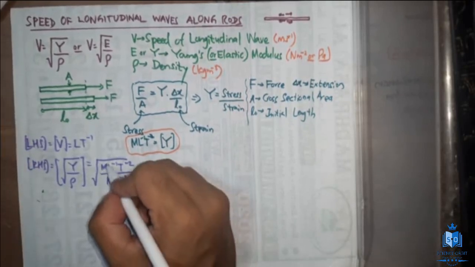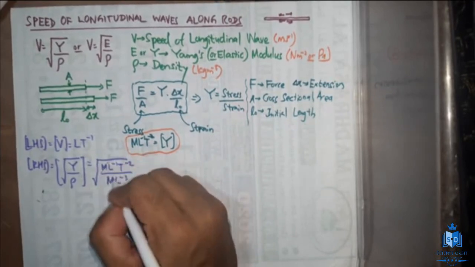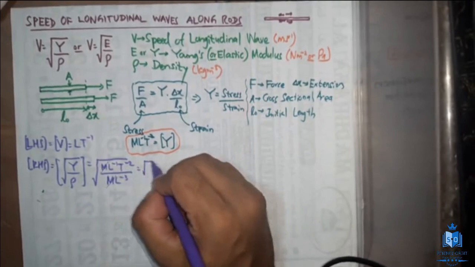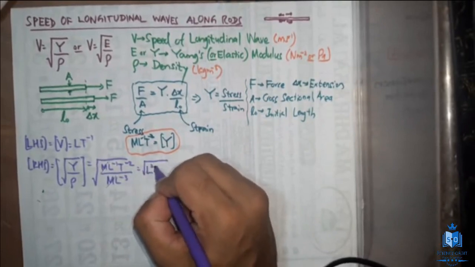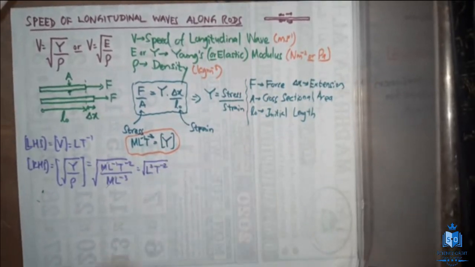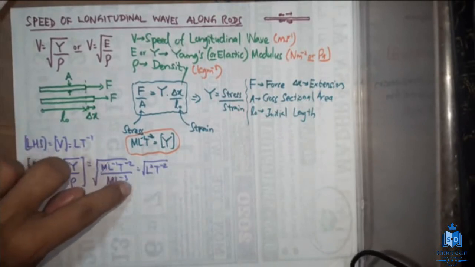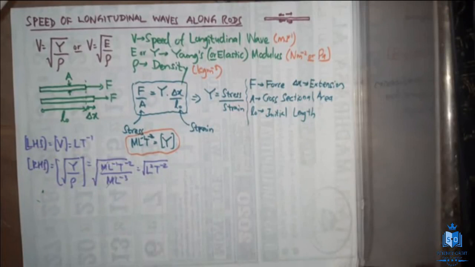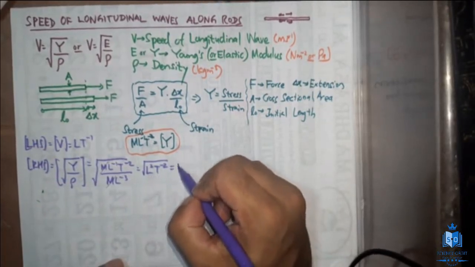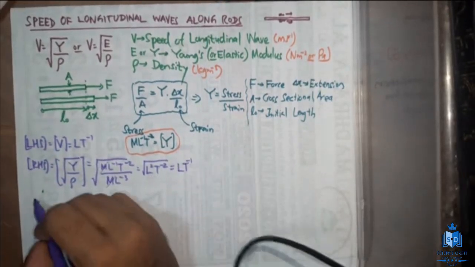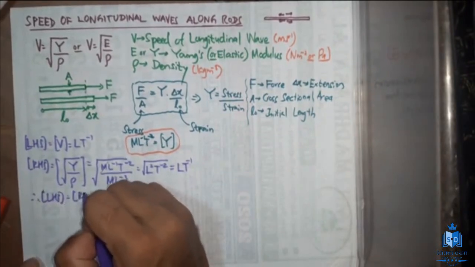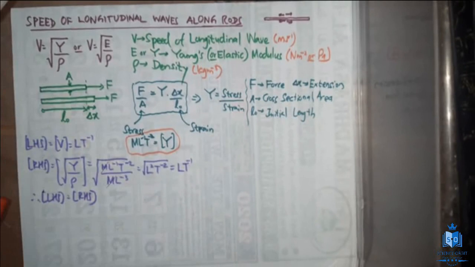So we know these M and M will get cancelled off, and finally we will get square root of L^2 T^-2. How is that? We already have L^-1. When this L^-3 goes up, it becomes L^3. So L^2 this, and finally the right hand side dimensions are also LT^-1. So left hand side dimensions are equal to right hand side dimensions, hence this equation is dimensionally accurate.